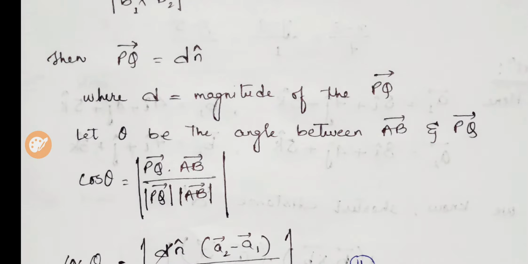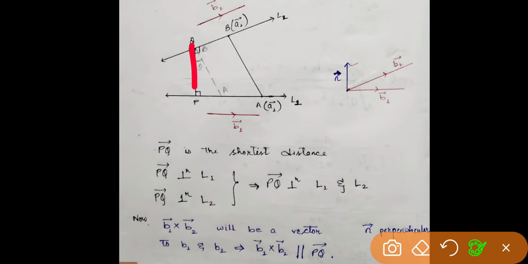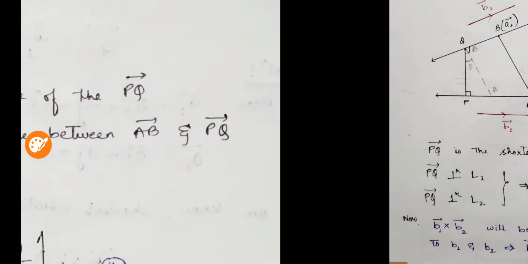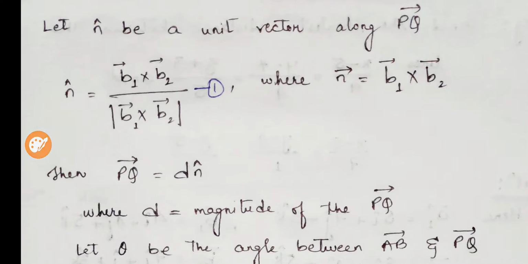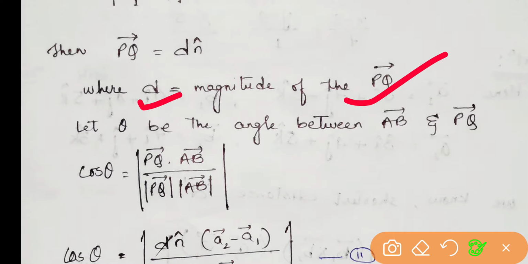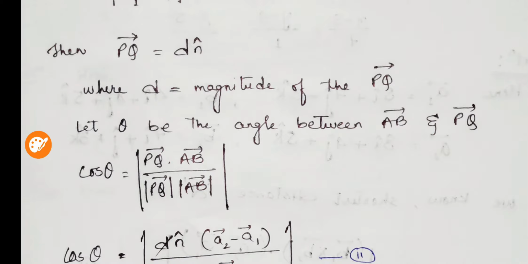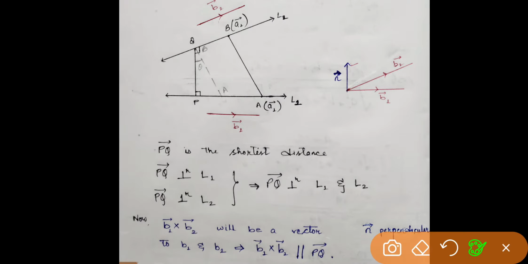See what I have written: PQ is equal to d times n cap. You know where n cap is. I have written d is the magnitude of PQ. If I represent PQ with a vector, then we need to find its magnitude.